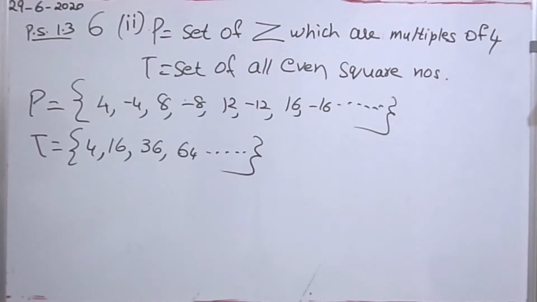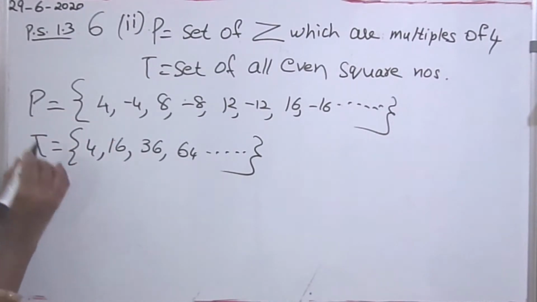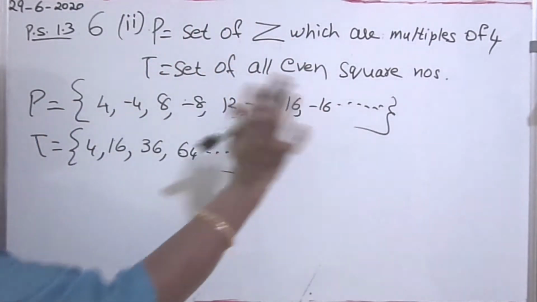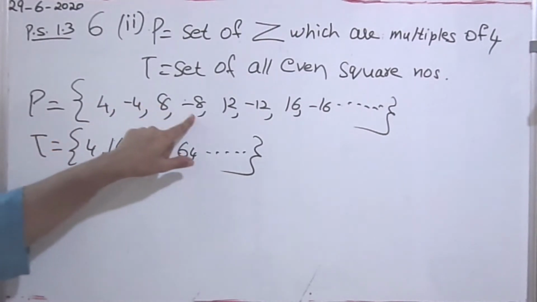Let us take P first. For P, which can be considered as the universal set? Can natural numbers be considered for this? No, because it is written set of integers and natural numbers do not contain negative numbers.